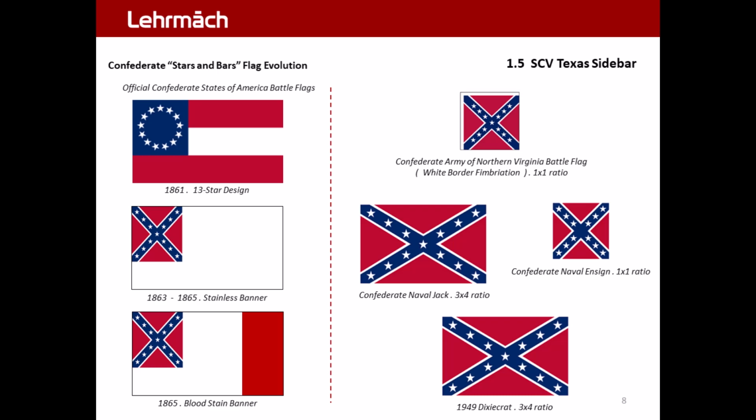The white background denotes the purity and purpose of the Confederate secessionist cause, by which states' rights and self-determination were the apex of its rationale.